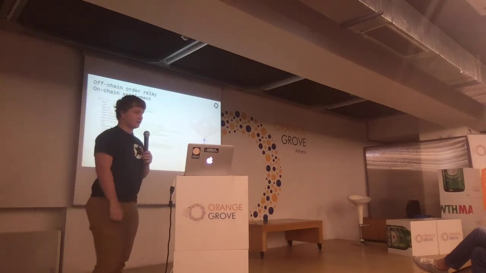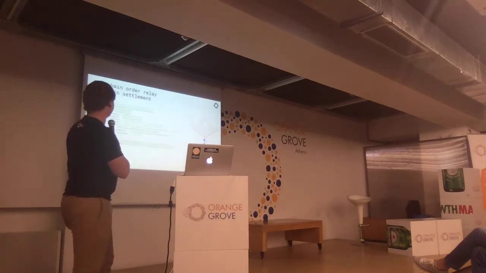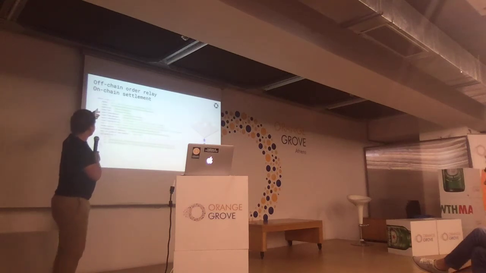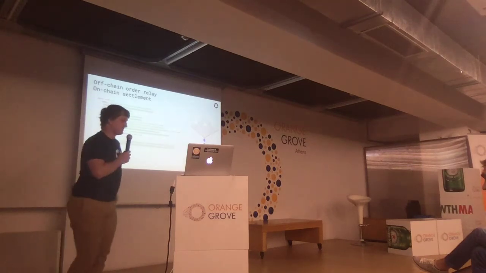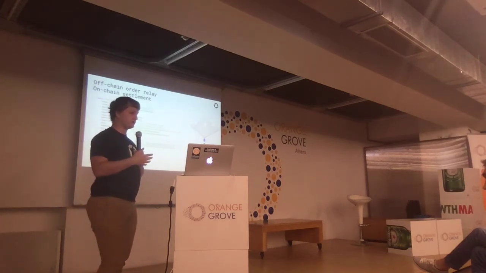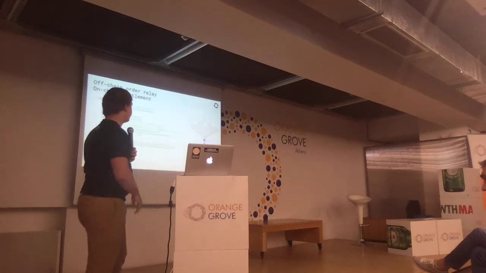So 0x defines an order format, and the order defines that token A is exchanged for token B. There is this amount of token A, this amount of token B, and the order is signed, with an elliptic curve signature. So the order is just a packet of data, and you sign it off-chain with your private key without involving a transaction, and then you submit it over any media you want.